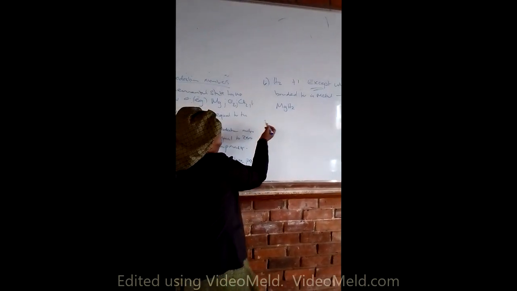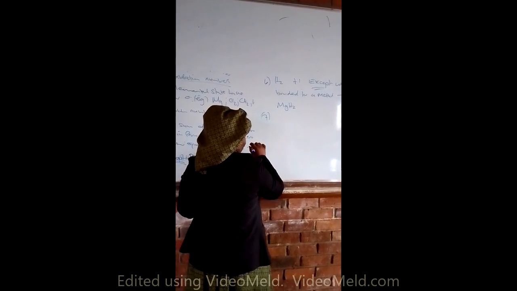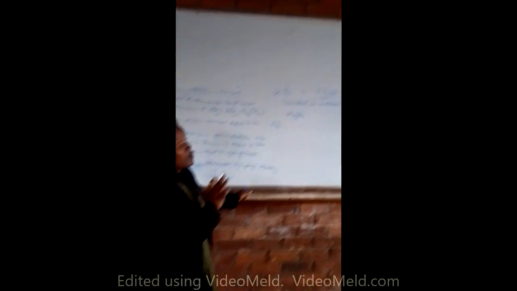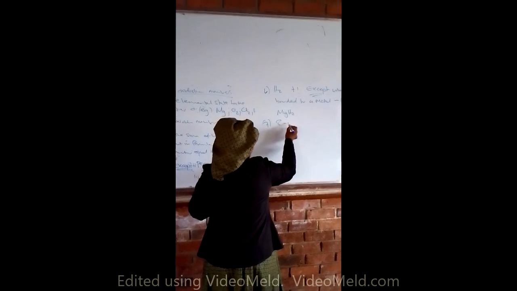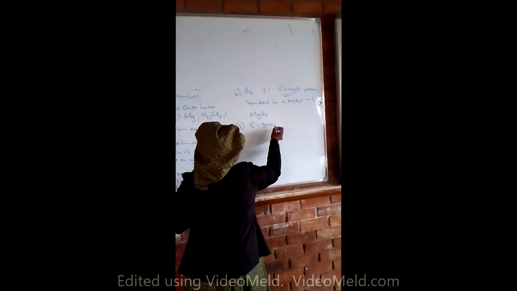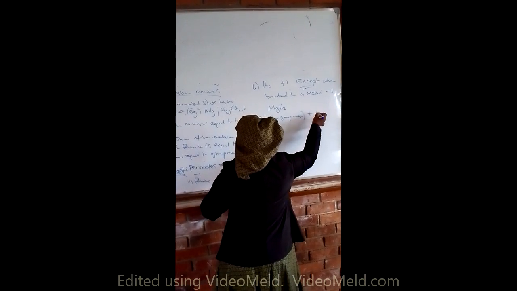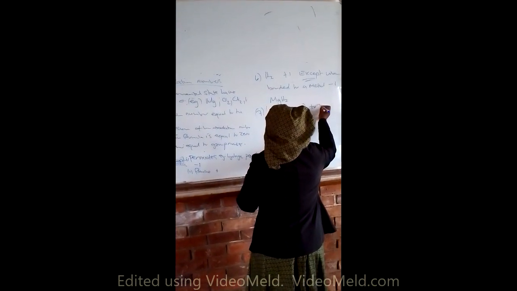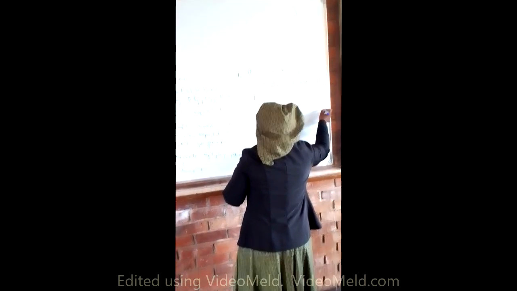Then the halogens, the group 7 elements, mostly even group 6 elements, and the group 5 elements: their oxidation numbers will vary from 8 minus the group number up to the number of electrons in the outer shell.